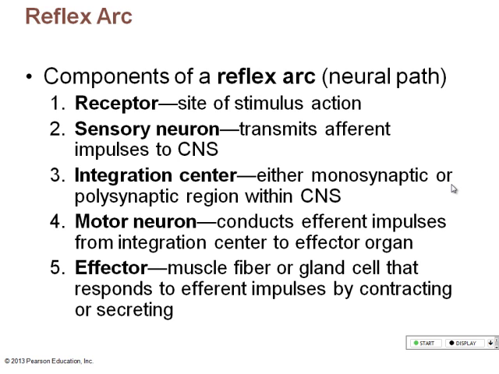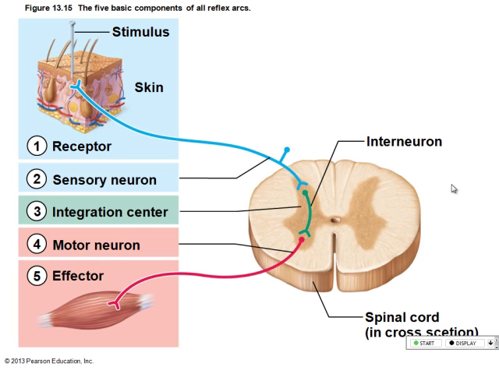A, send the message up for perception, conscious awareness, but at the same time send the message to what? The motor neuron. The motor neuron is going to cause some sort of what? Reaction or effect. The last stage of a reflex arc would be the effect or the effector. So know that.